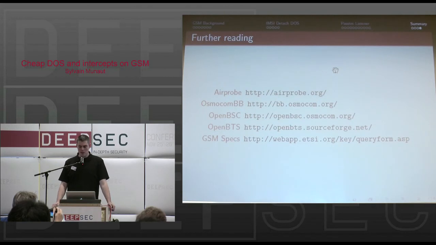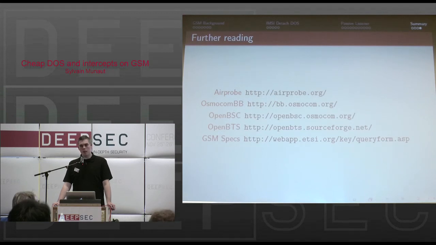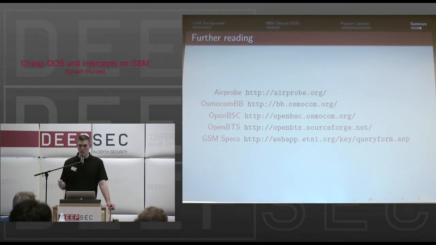Here are some references that you can read. Basically, the AirProbe project, if you want to use the USRP to listen to traffic, and Osmocom-BB for the software that runs on this phone. Also note that the sniffer code is in the Git now. It might not be the latest version, but I will push the latest version soon.